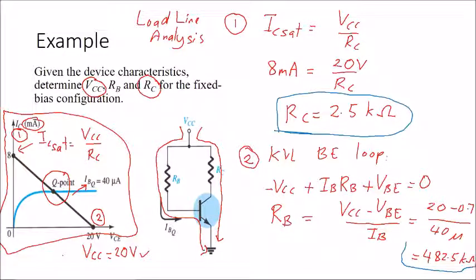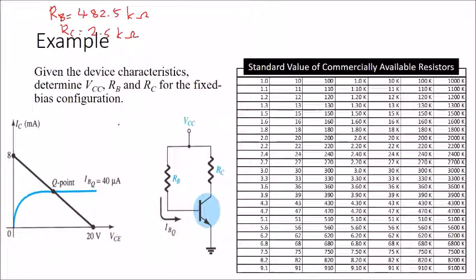So we have 2.5 kilo ohm for RC and 482.5 kilo ohm for RB. Let's check the standard values of commercially available resistors. For RB, the calculated value is 482.5 kilo ohm, and there is no 482.5 kilo ohm in the table, so we have to use the closest one.